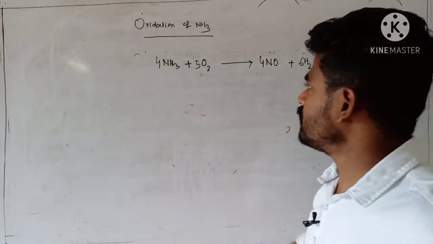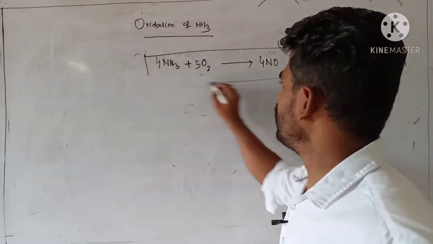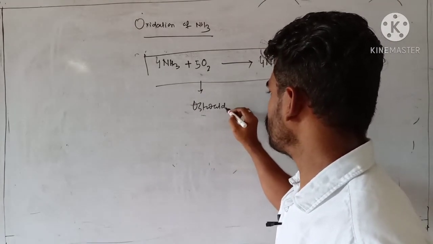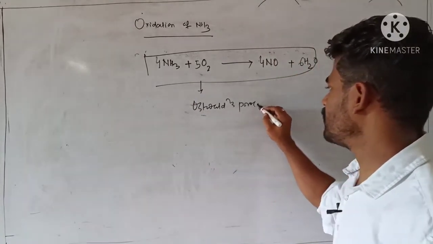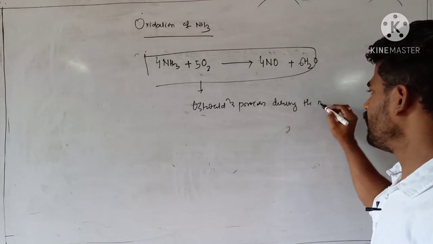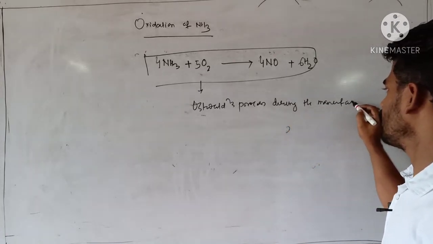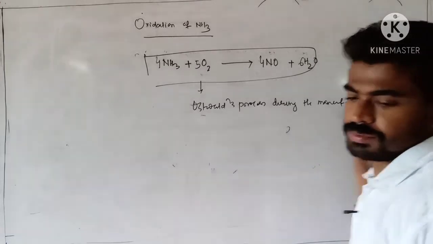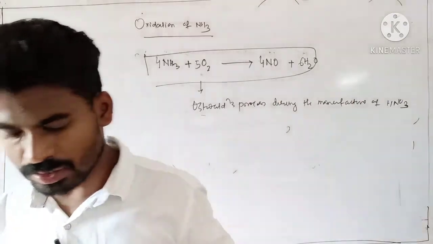This method is applied in Ostwald's process during the manufacture of nitric acid, HNO3. That clear? Clear.